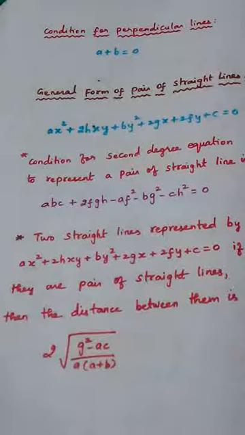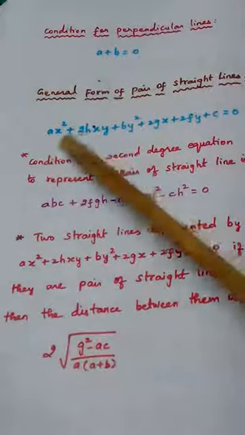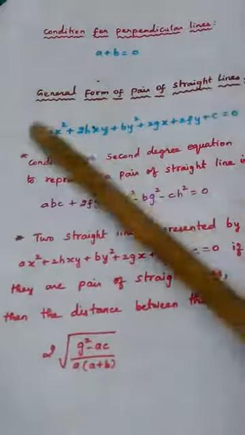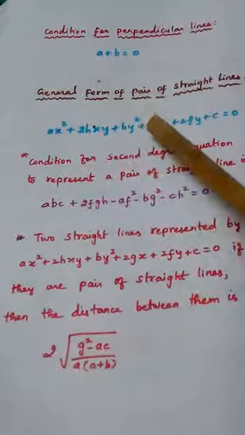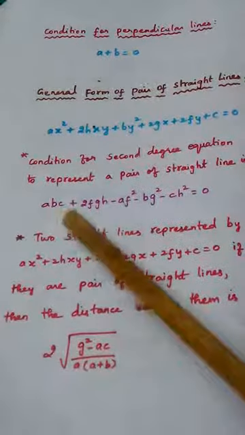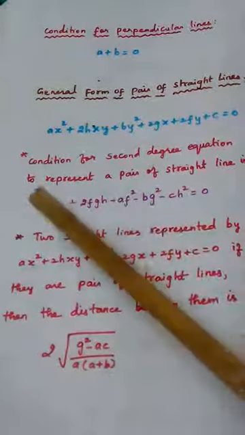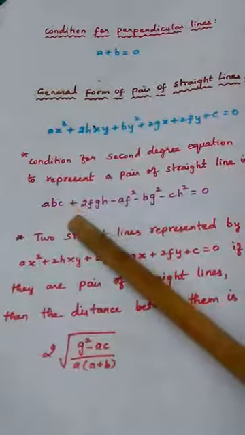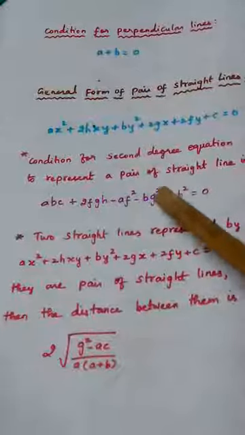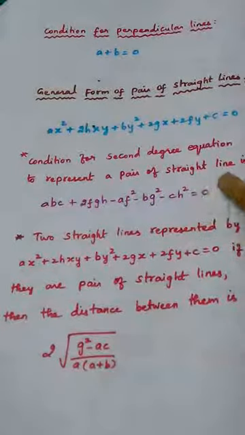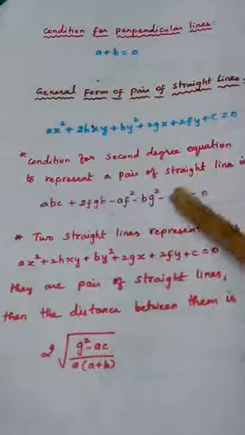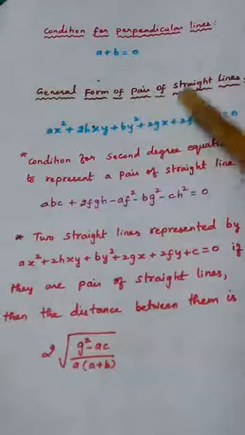Hope you will understand the basic concept here. This is called second degree equation. When this will represent a pair of straight line, if this condition is satisfied. This condition is having 5 terms: ABC plus 2FGH minus AF square minus BG square minus CH square should be equal to 0. If it is 0, definitely this equation represents a pair of straight line.